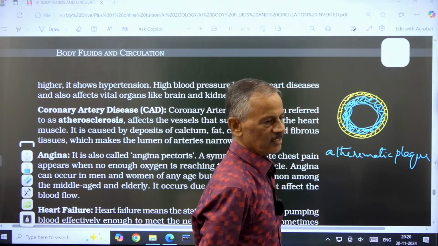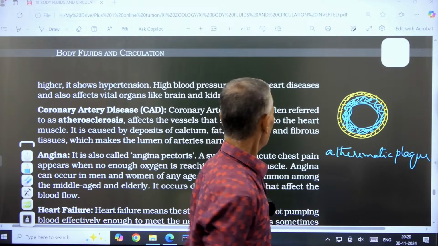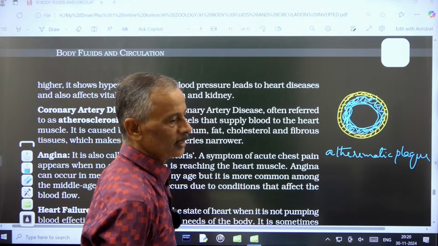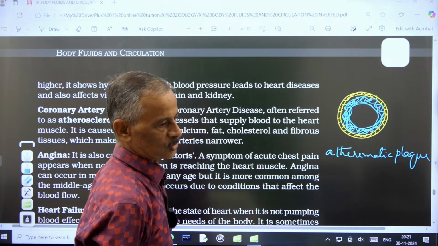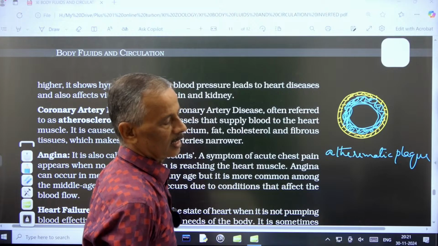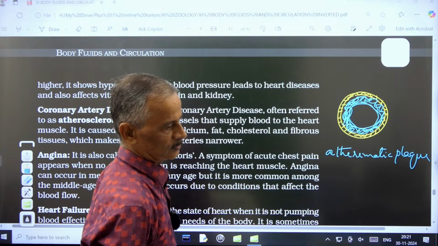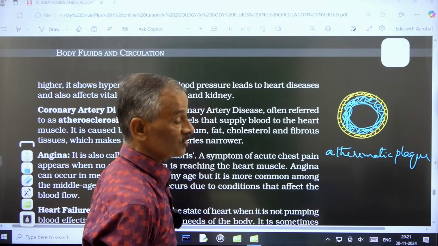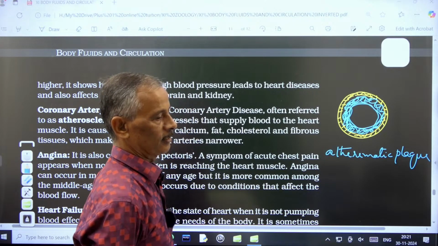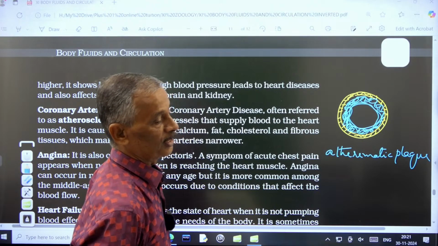So, plaques or deposits of calcium or cholesterol or fat will be causing severe damage to the walls of the coronary artery and reduce the blood supply to the coronary muscles. When muscles are not getting sufficient oxygenated blood, it will cause severe pain.